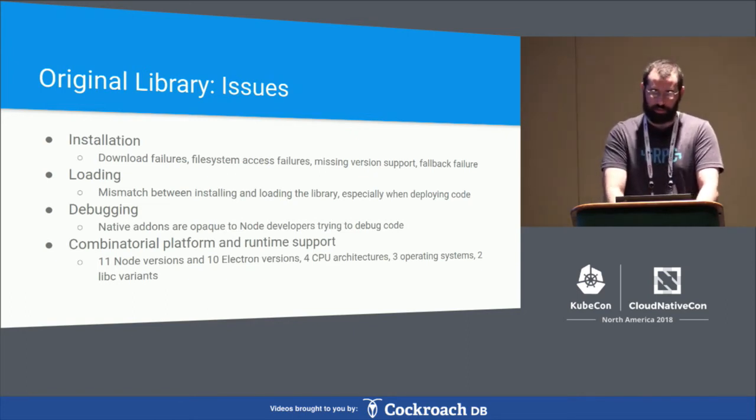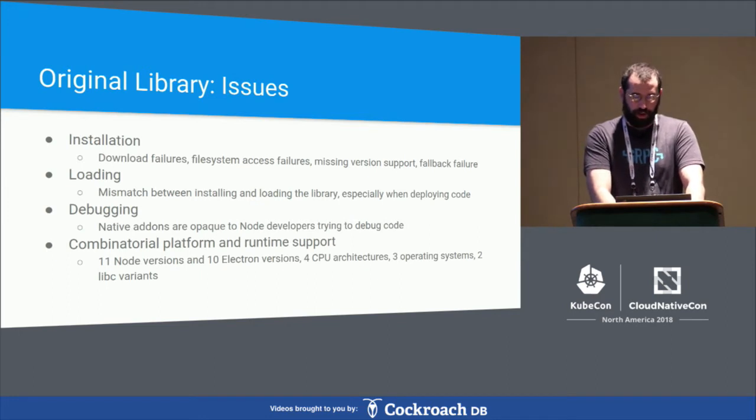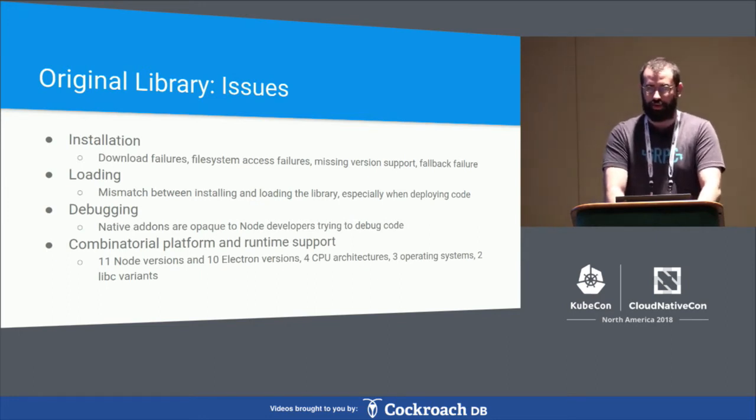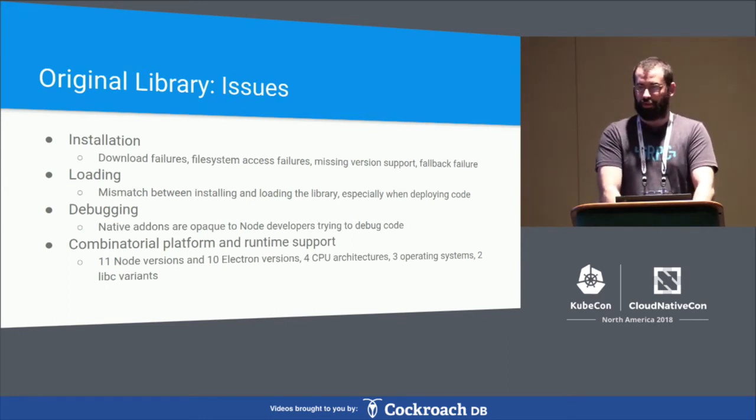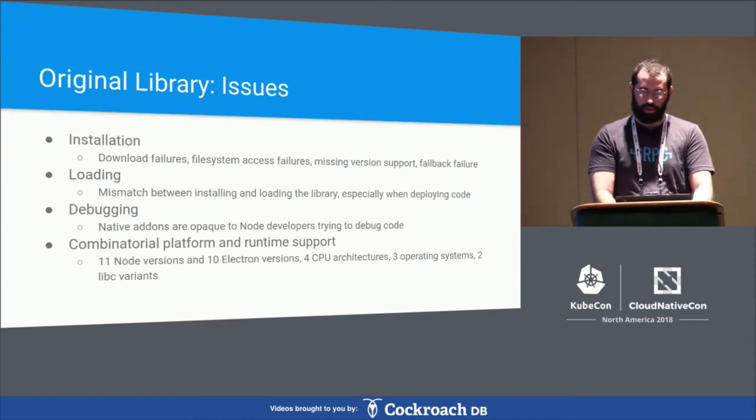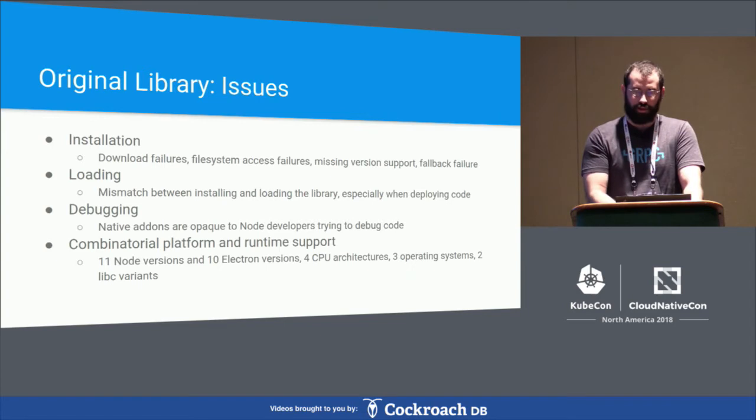And debugging was another big issue. Native add-ons are very opaque to Node developers when they're trying to debug code. You can do a Node debug session, and then you just get no introspection into anything that the native add-on is doing. And finally, I mentioned that we have this variety of factors that impact the binary.